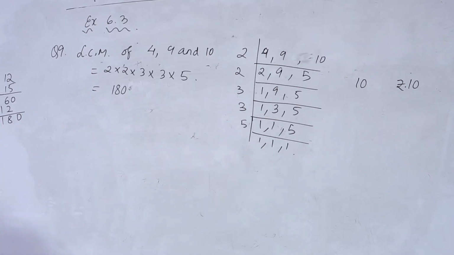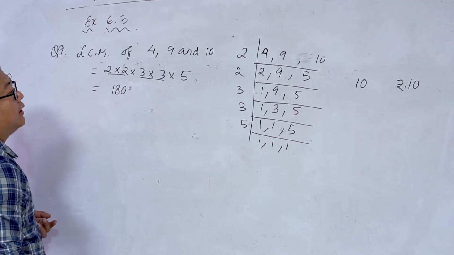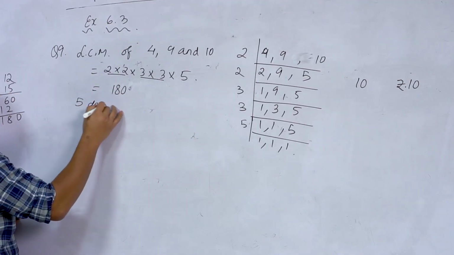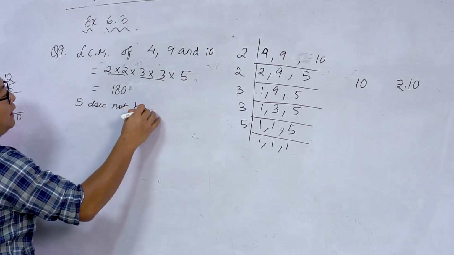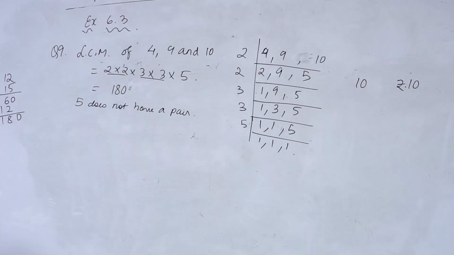180 is the product. And now we have to check here. We can make this into pairs. We can make this a pair, but this 5 does not have a pair. Now in the question it states that it is divisible, right?